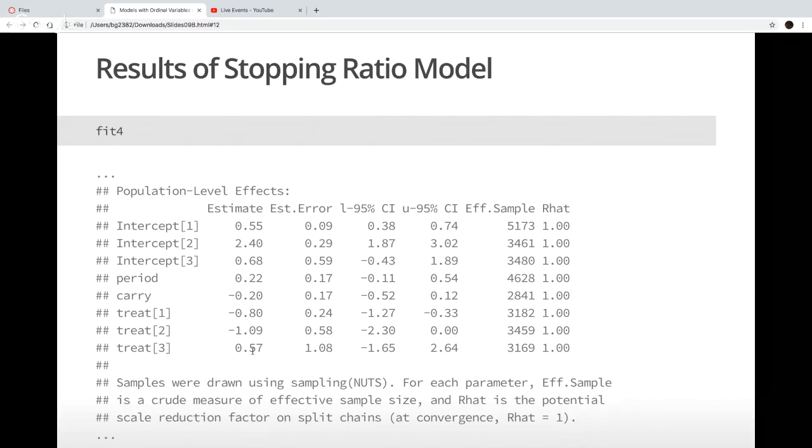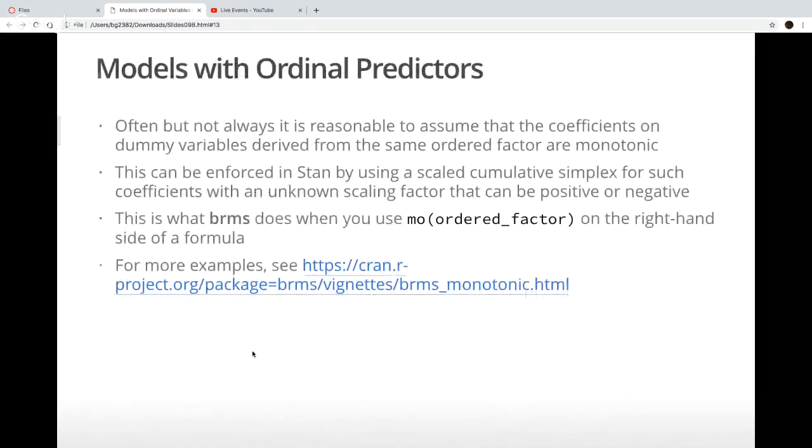Or more generally speaking, if we have an ordered predictor, irrespective of whether the outcome variable is ordered or continuous or count or Bernoulli, whatever, oftentimes with ordered predictors, not always, it's reasonable to assume that the coefficients on the respective dummy variables that are derived from an ordered factor exhibit a monotonic relationship, or that's our beliefs about them. So there are certainly exceptions to this.